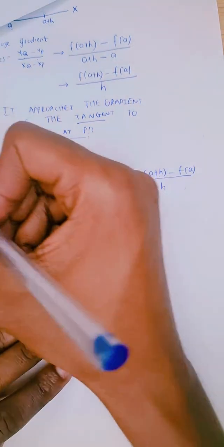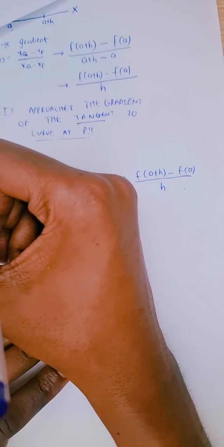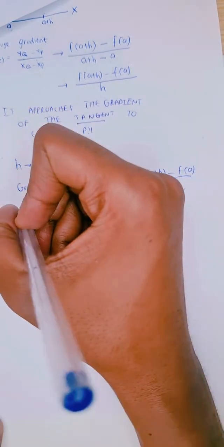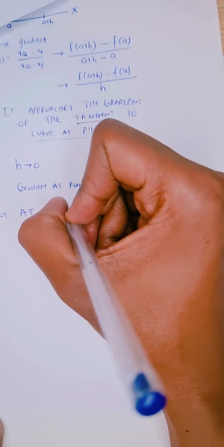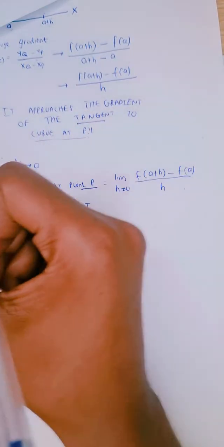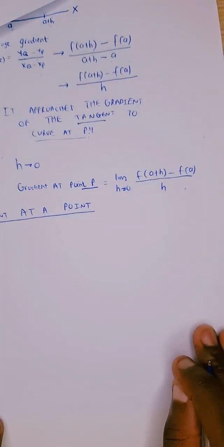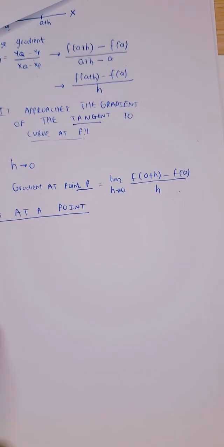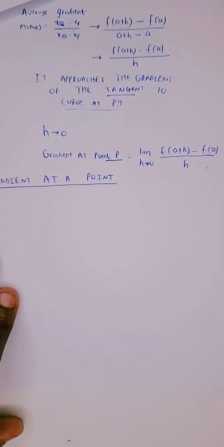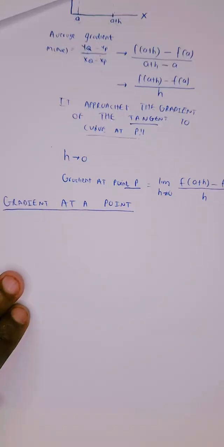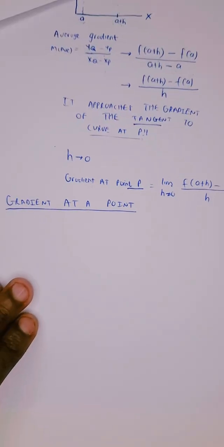And that's what then leads us to calculating the gradient at a point, which is the precursor, what lays the foundation to what we get later on, first principles, and then the laws of differentiation.